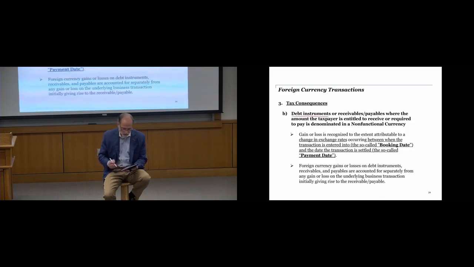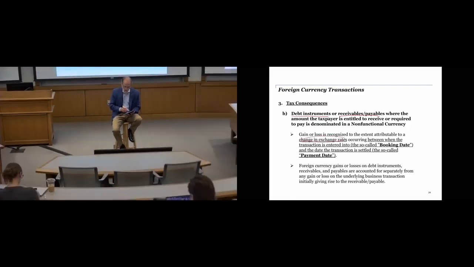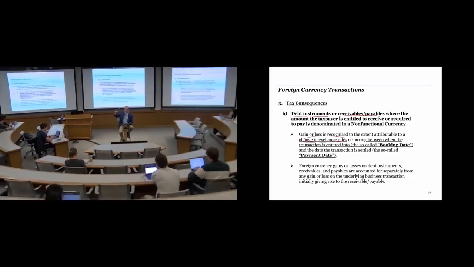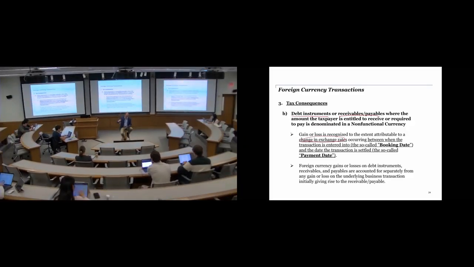Okay, so debt instruments are receivables or payables where the amount the taxpayer is entitled to receive or pay is denominated in non-functional currency. So gain or loss is recognized to the extent attributable to a change in exchange rates occurring between two dates. Okay? The first date is the booking date, and that's defined in the tax code as the date you enter into the receivable, payable, or debt instrument.